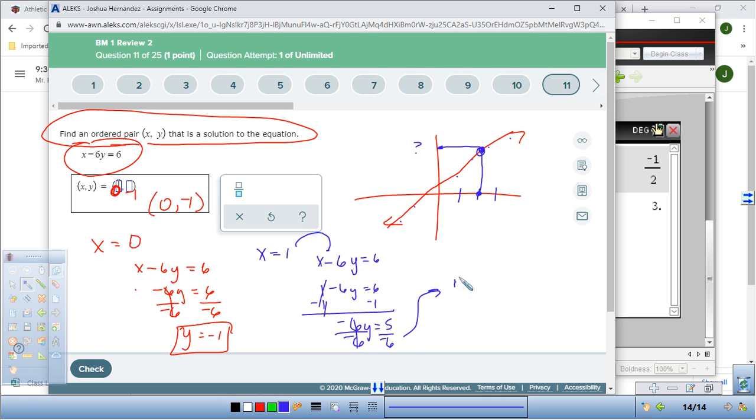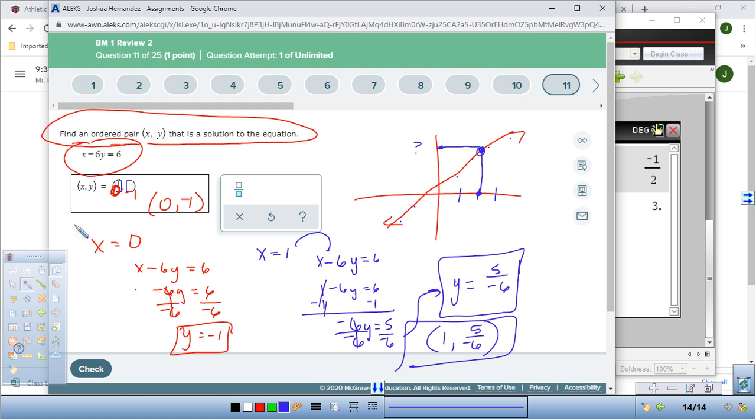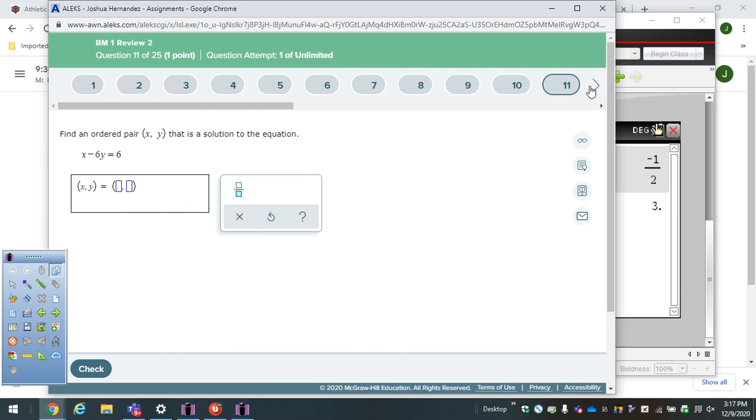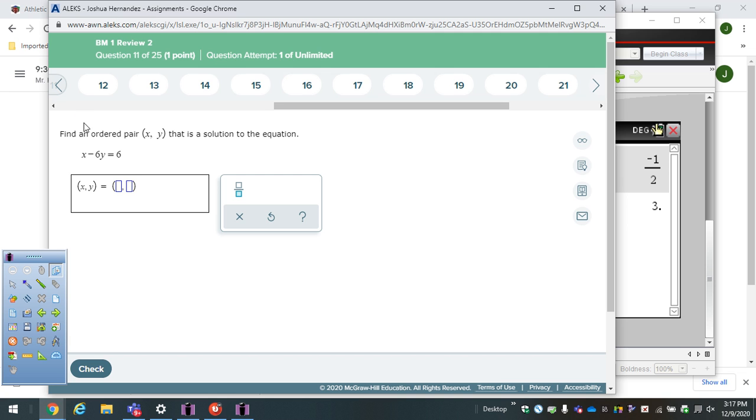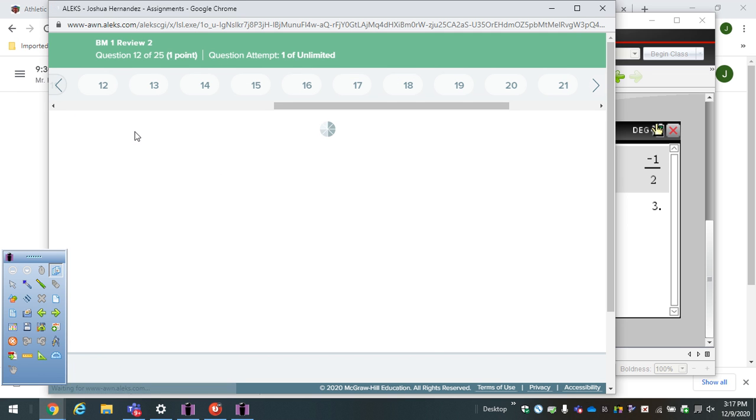I'm going to come up here and say y is equal to 5 over negative 6. So my coordinate for here would be when x is 1, we have y to be 5 over negative 6. Any number will work. You'll get any answer. Not any answer, but you'll get the x or the y that goes to the x. Next one.